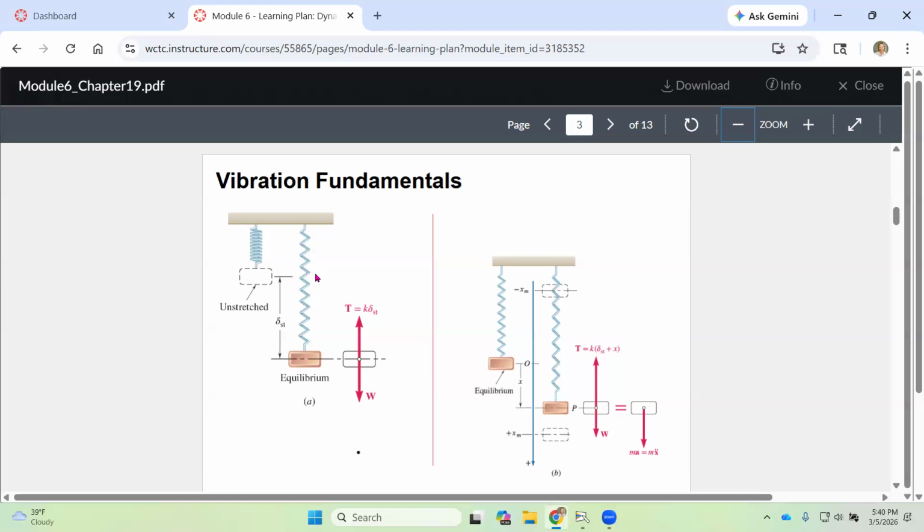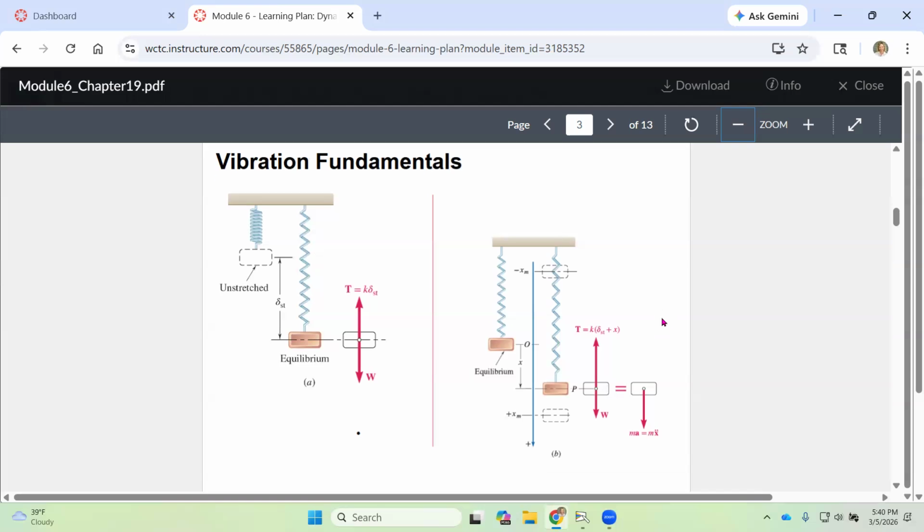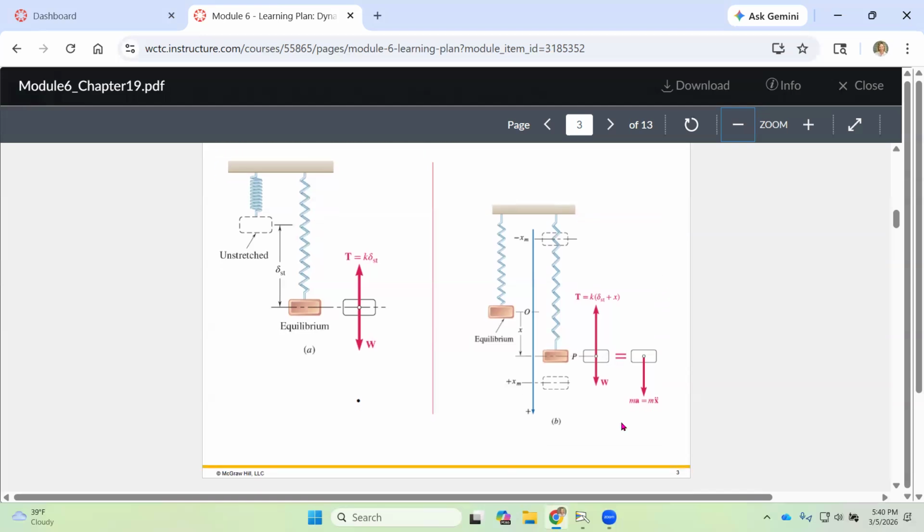Okay. So the left-hand side is a state of equilibrium. Now, on the right-hand side, you're going to notice that we've all of a sudden moved away from our equilibrium point. So on the left-hand side, this is our equilibrium point, called 0, and for some reason, maybe physically, we put an external force on this and we pulled this block down a distance X. I'm not crazy about the variable X being used here because this is a vertical displacement.